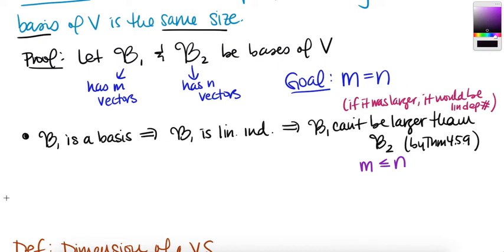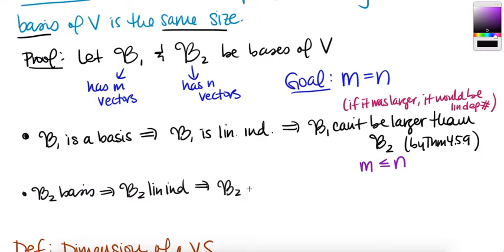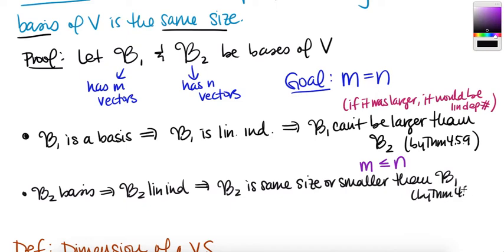Then we're going to do a similar thing in the other direction. B2 is a basis, so B2 is linearly independent. Put another way, it can't be larger than B1, so it's the same size or smaller than B1, again by the previous theorem that we talked about.